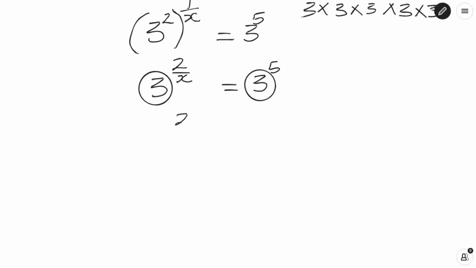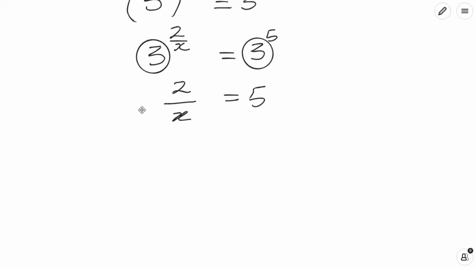And so we can say 2 over x, which is the power on the left side, is equal to 5, which is the power on the right side. And to find x, we now just need to solve this equation.